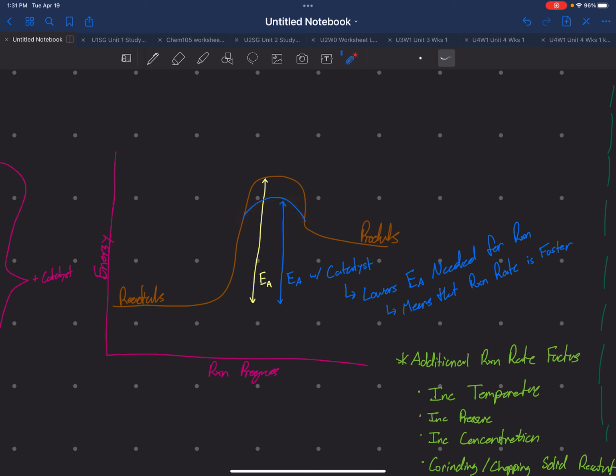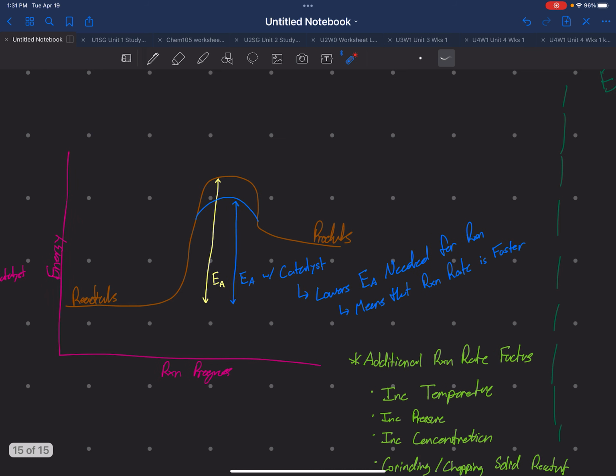Before it would have to go all the way up here, but now it can just go here, right? It lowers the activation energy needed for a reaction. So since this hump is smaller, it makes it easier for the reaction to go through. So it's easier for the reactants to become products, meaning the reaction rate is faster.